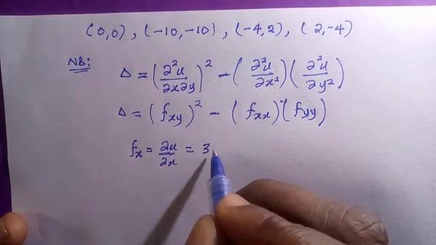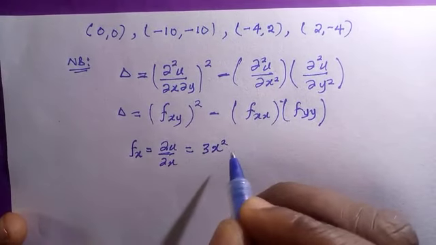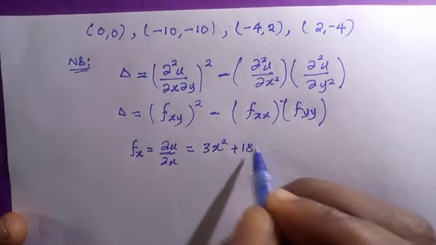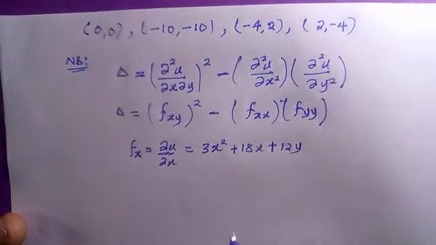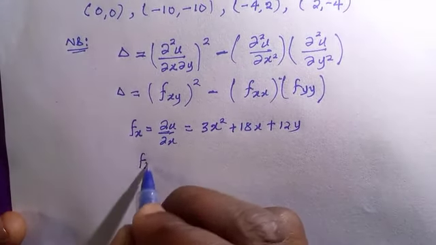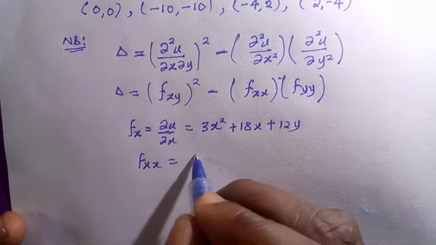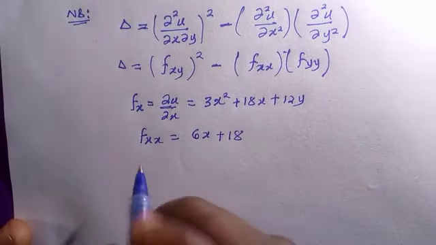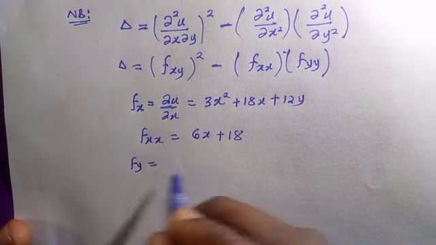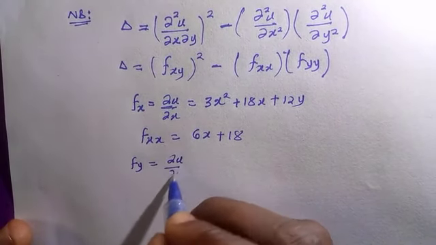So, and if you recall, the ∂u over ∂x is 3x squared plus 18x plus 12y. But we want to obtain the second derivative of this, which is fxx. If we differentiate this, we have 6x plus 18. So we do this because of the formula that we have, that ∂²u over ∂x² is one of the things that we need, which is fxx.